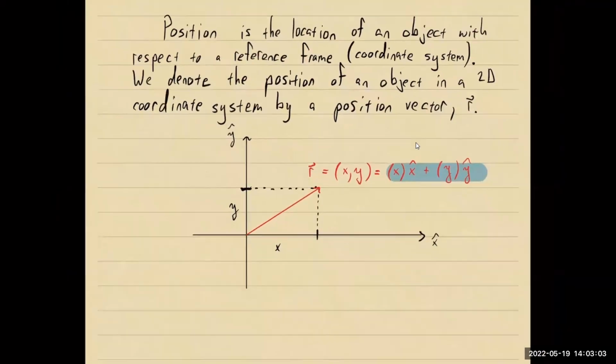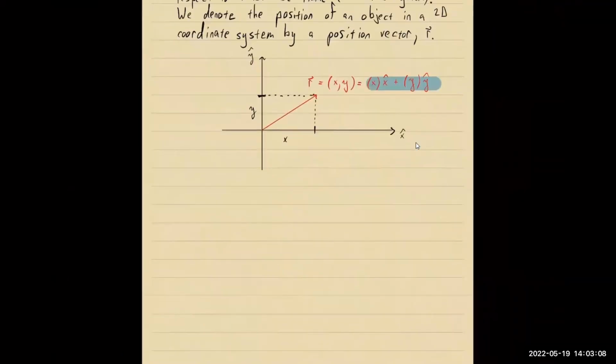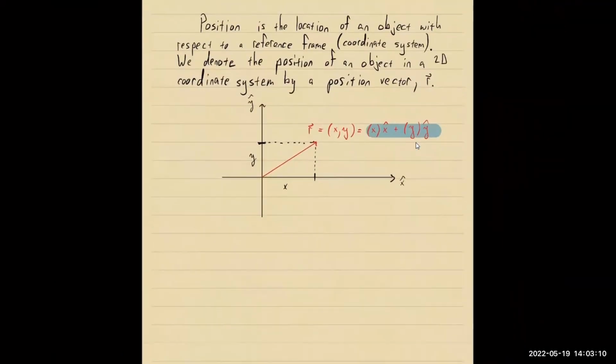So next I'm going to talk about displacement in 2D. Let me go down a little bit. So the displacement of an object is still the same, right? Similar definition.